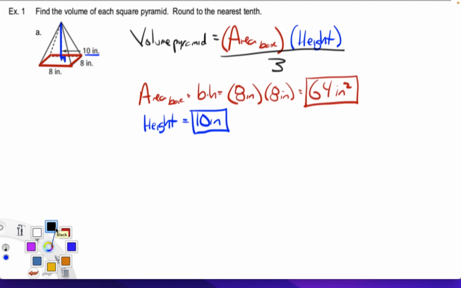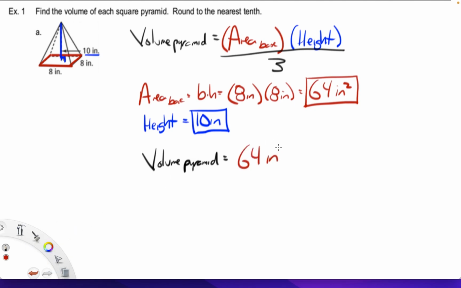So now I can plug in my formula for my volume. My volume for a pyramid is equal to the area of the base, which is 64 square inches, times the length of the height, 10 inches. And that whole thing we're going to divide by 3.